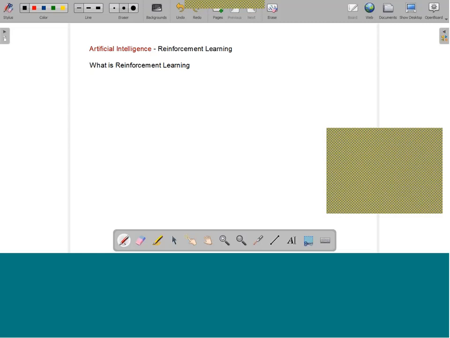So without some feedback, what is good and what is bad, the agent will have no ground for deciding which move to make. So we need some feedback here. In supervised learning, we have no feedback.